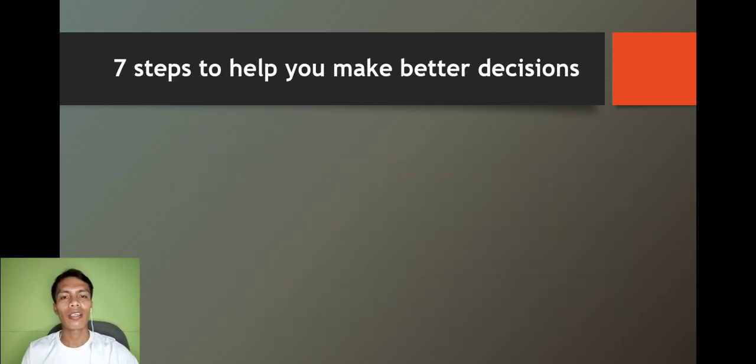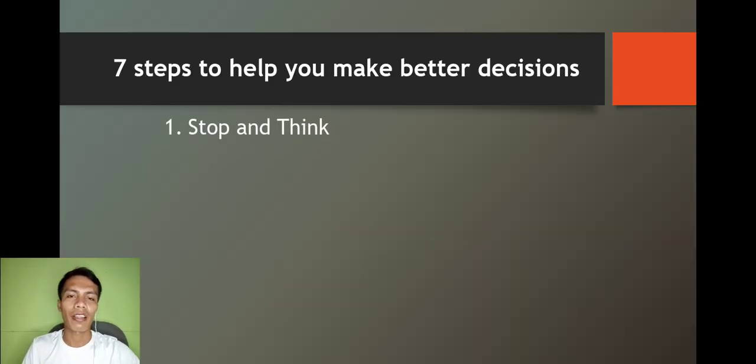So next, now we have the 7 steps to help you make better decisions. There are things that can help us to make better decisions. First, stop and think.